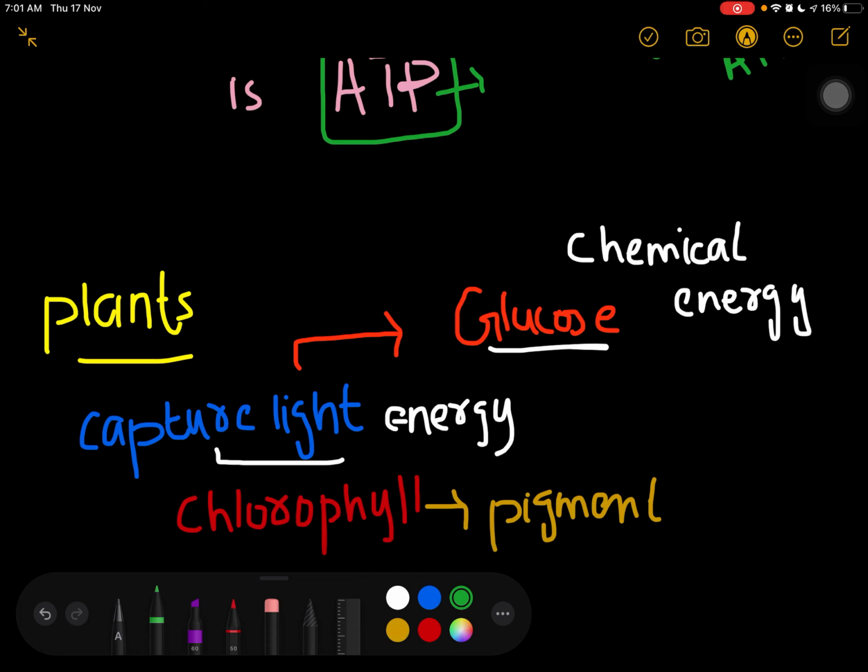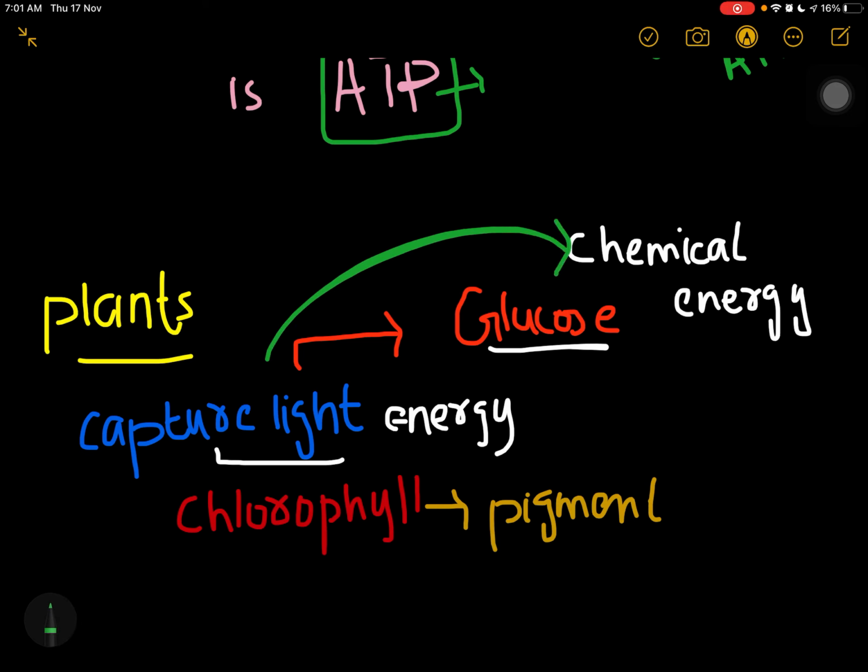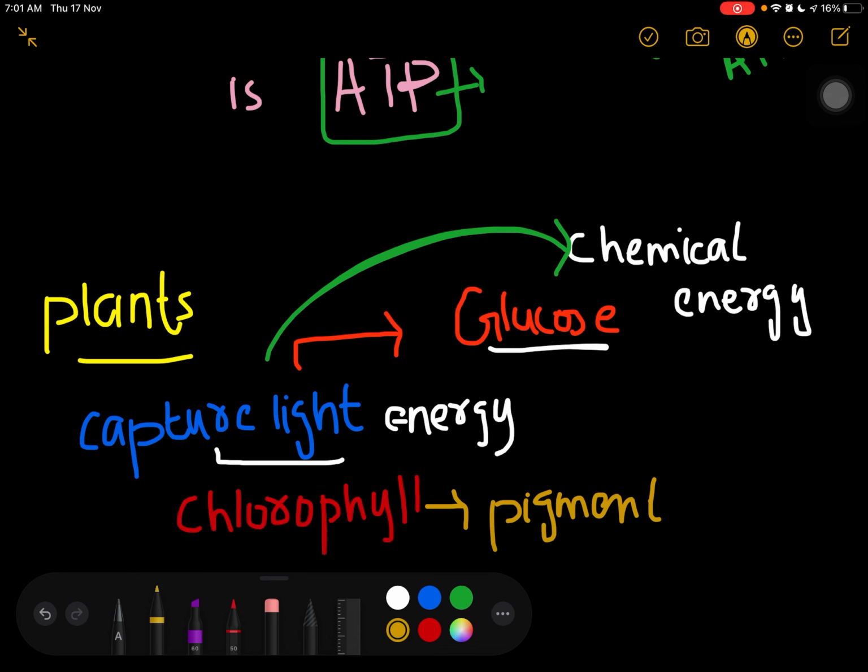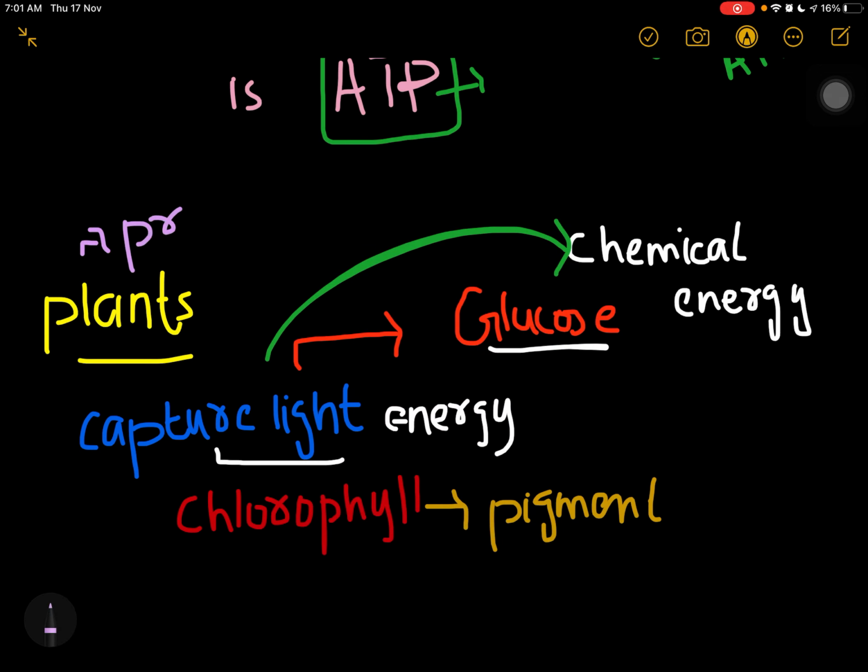And it is the transformation where light energy is converted into chemical energy. Who has this ability? Only the plants, or we can say producers. Producers have the ability to capture light and to convert one form of energy into another form.